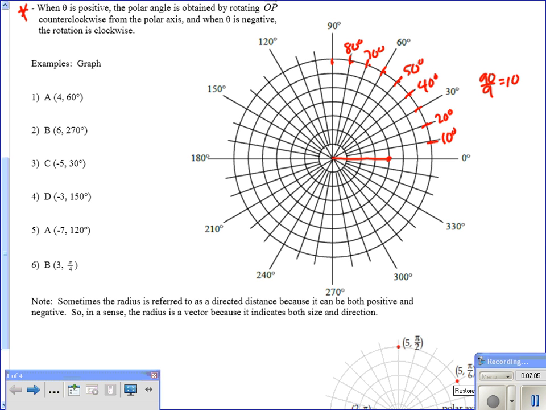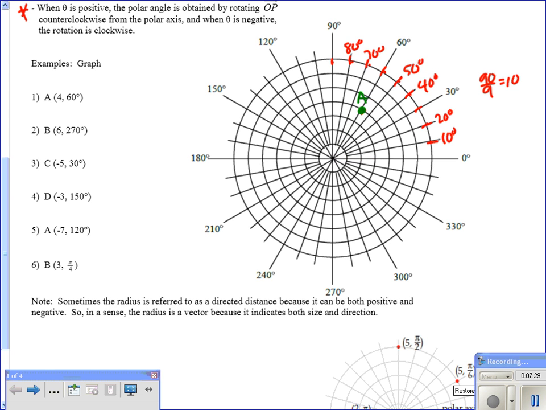So I'm moving to 60 degrees, which would be right here. So the way that we do this point is we would just put a dot right there. I don't actually draw the line, but I know the distance from here to here is my R value, which is a distance of, again, 4. So that would be for point A in the polar system.